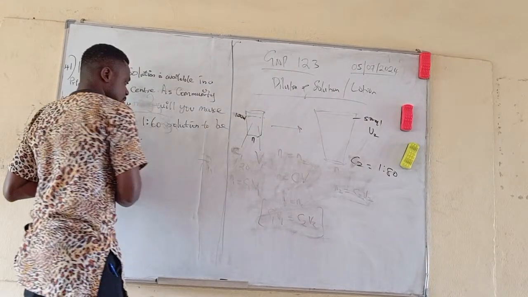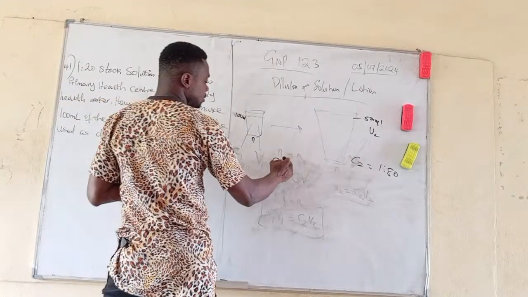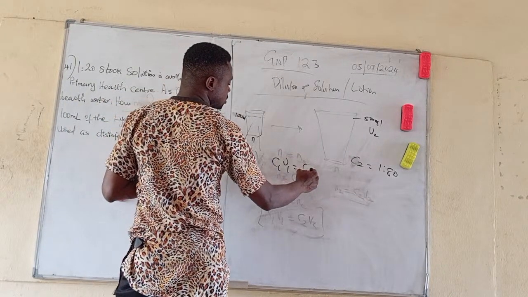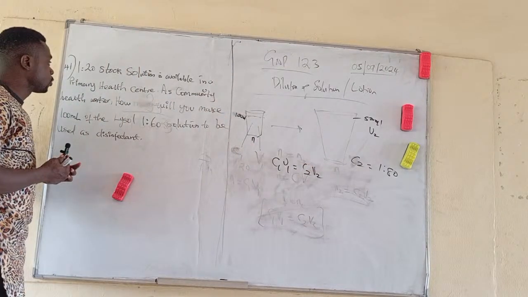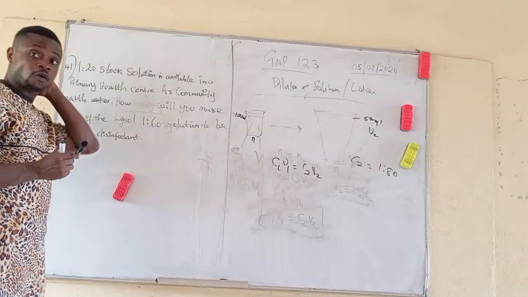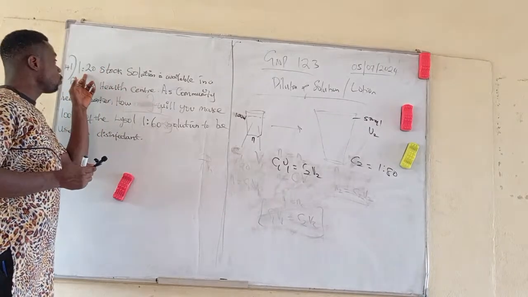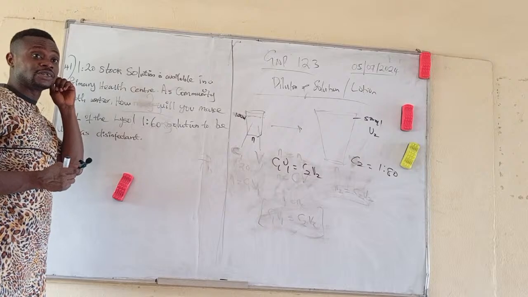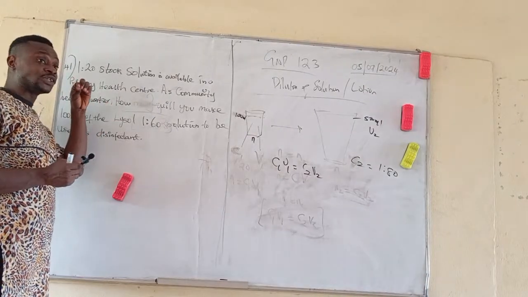Remember our dilution formula, right? That C1V1 is equal to what? Now look up. The stock solution from which you will take some to dilute has 1:20. Do they tell us the volume of the stock solution? No, it is not necessary. The concentration is necessary.